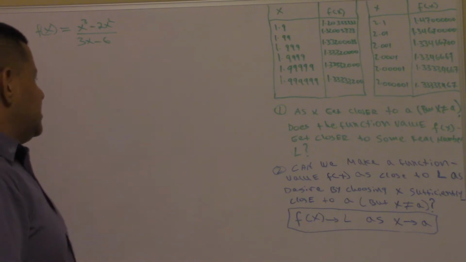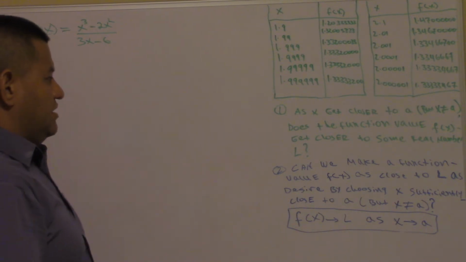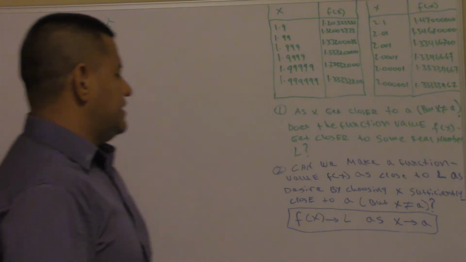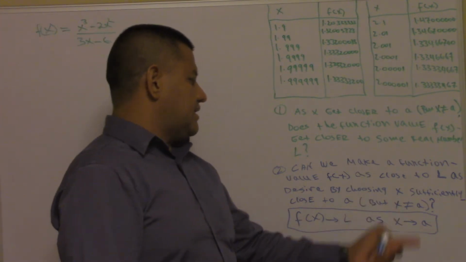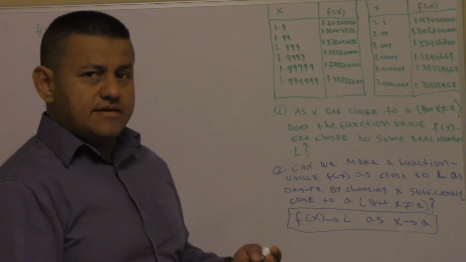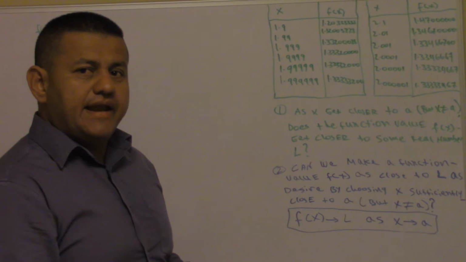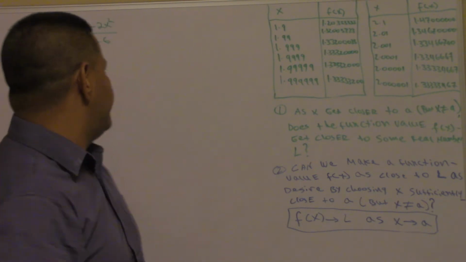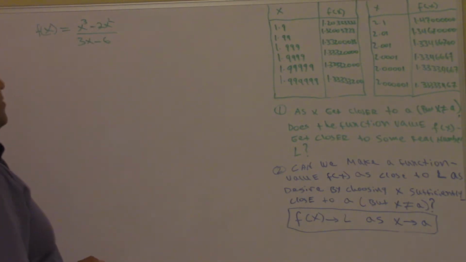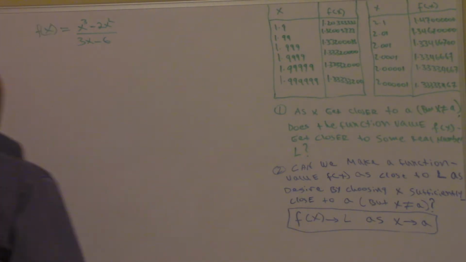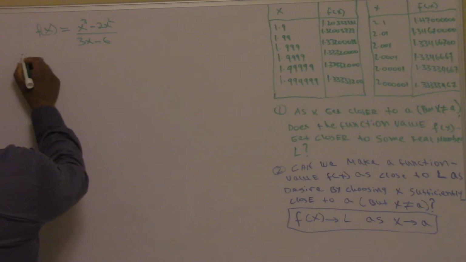Now, using the definition, okay, remember that x cannot equal a. It can get closer to a, but not equal a. Now, if we look at this function right here, and we want to take the limit, right?